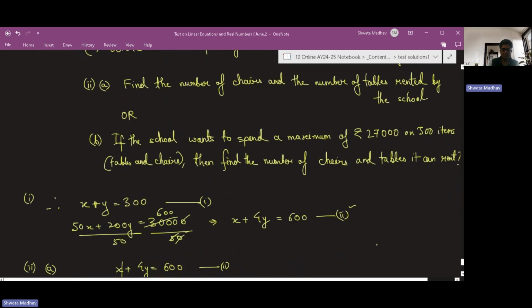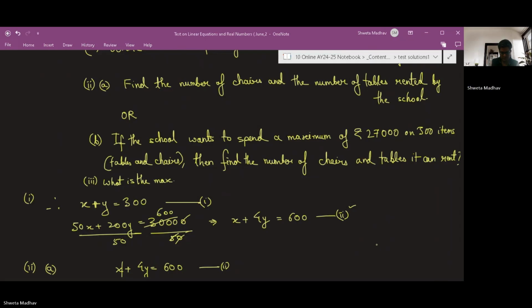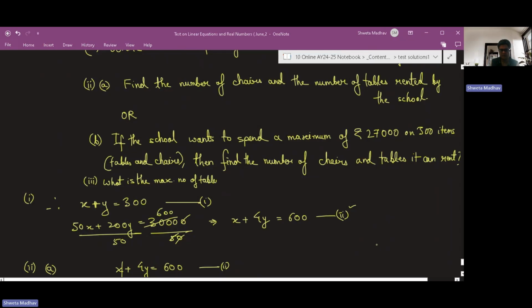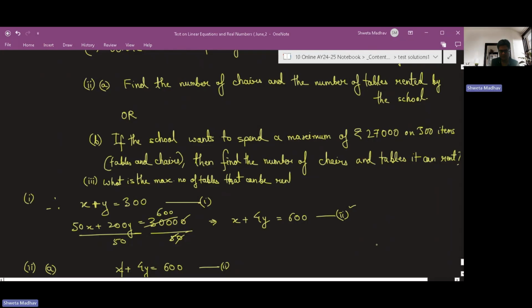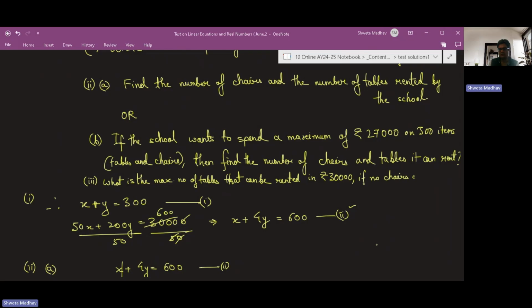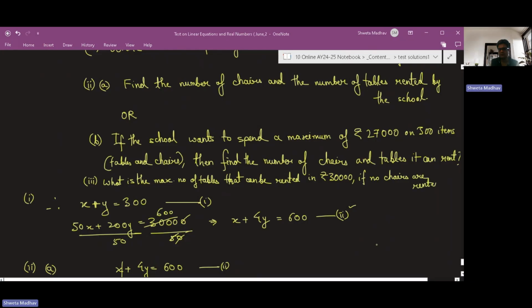This question also has a subpart 3, which asks what is the maximum number of tables that can be rented in rupees 30,000 if no chairs are rented. So this is the third subpart.